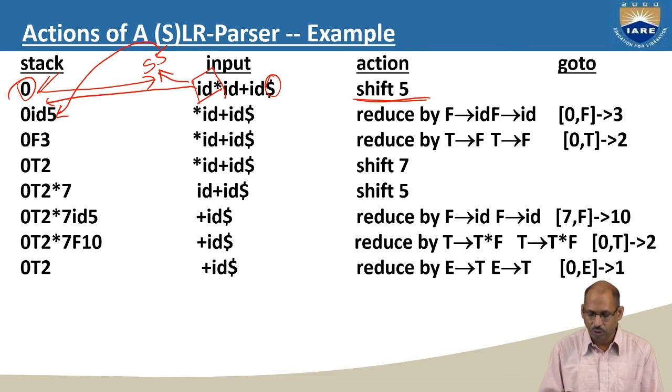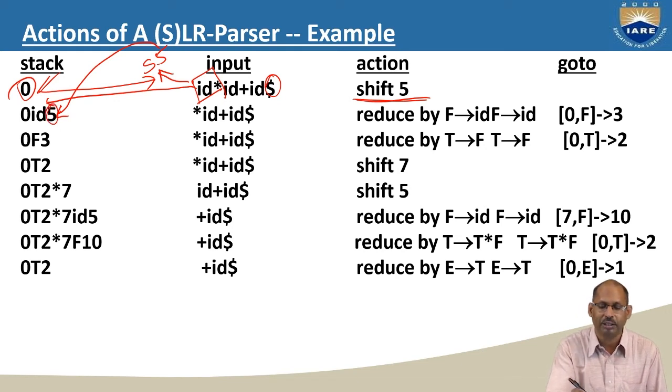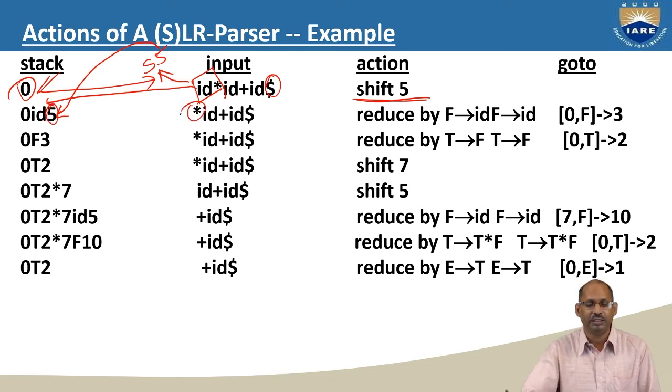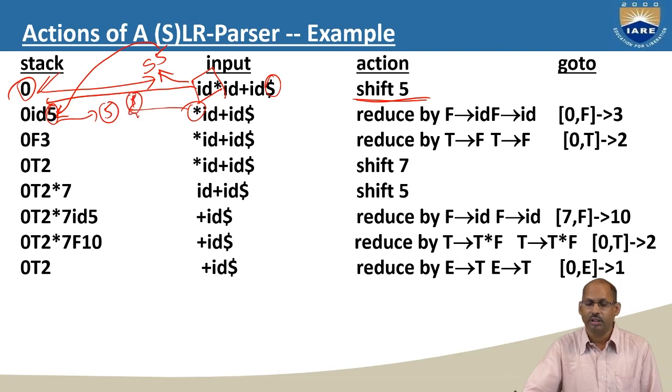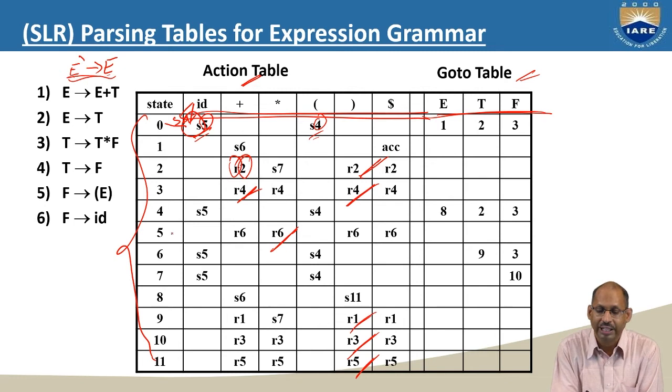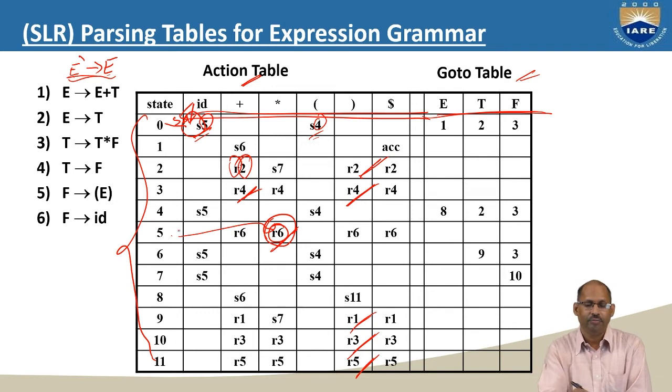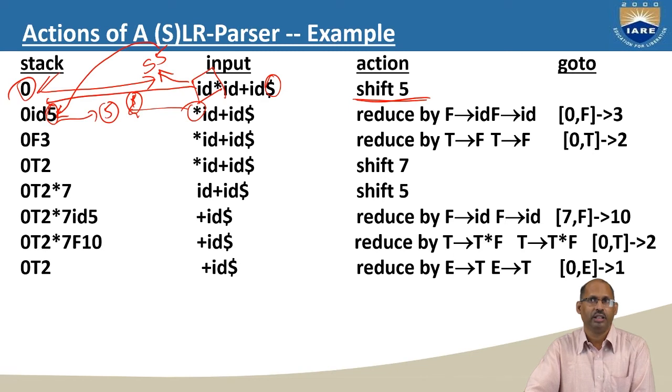Now 5 and multiplication is looked up in the table. Now we'll refer to the table. 5 and multiplication is R6. Reduce by production number 6, F goes to id.